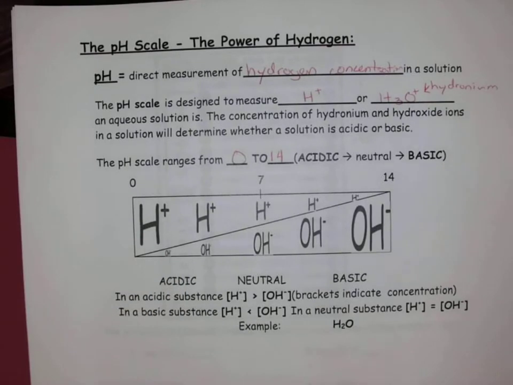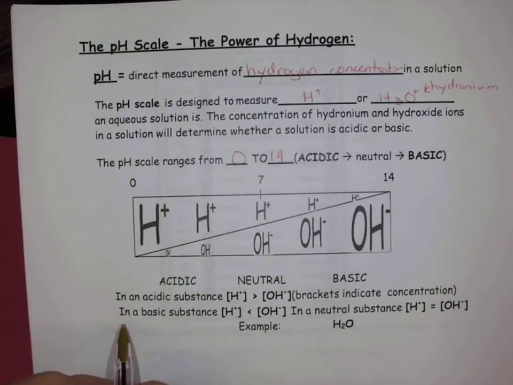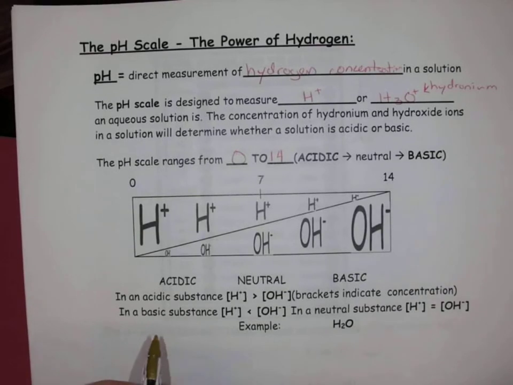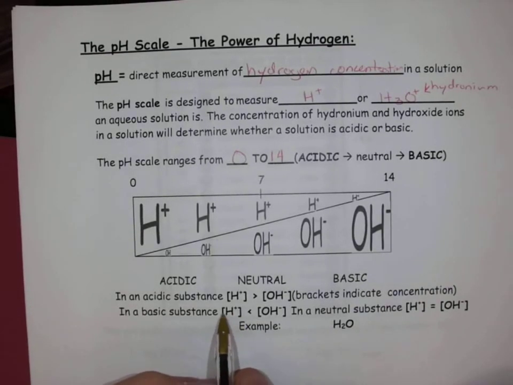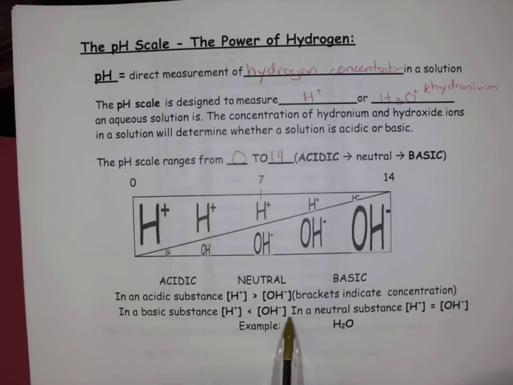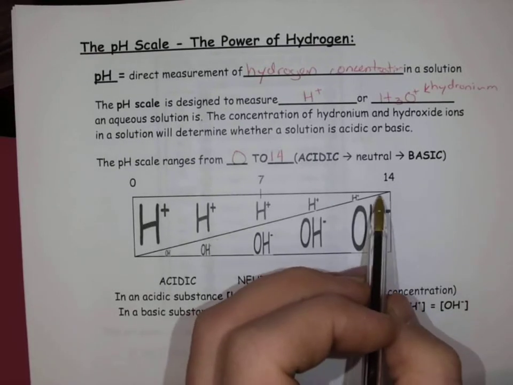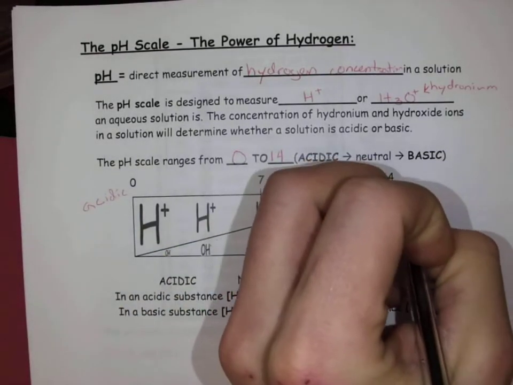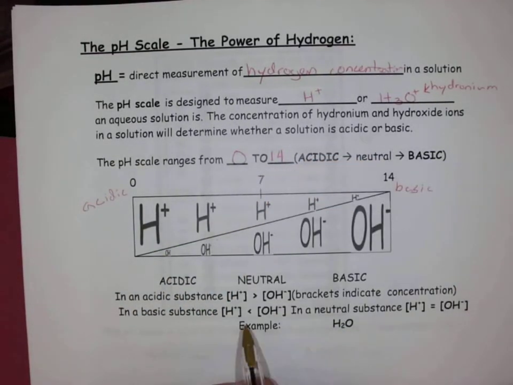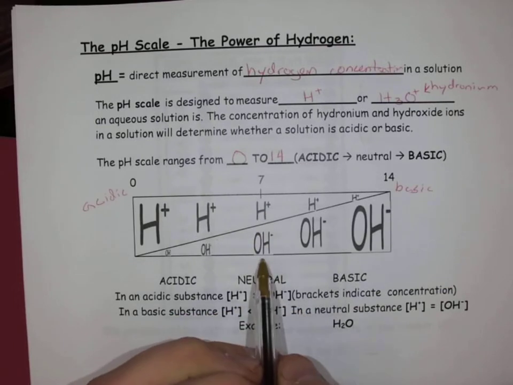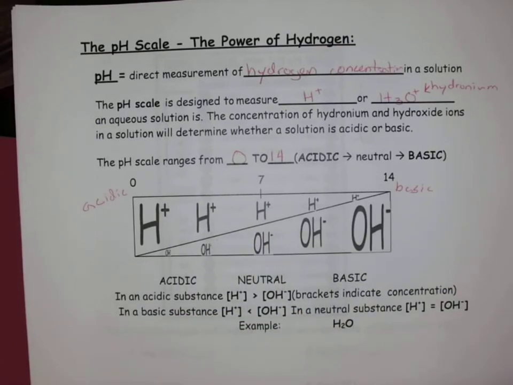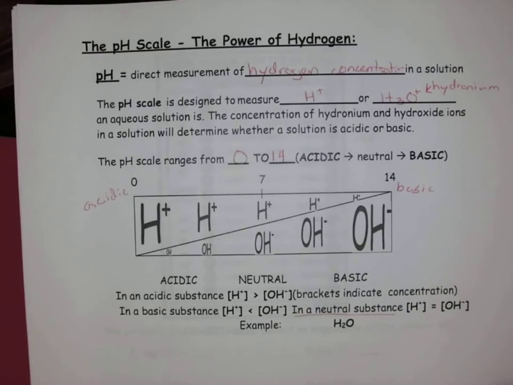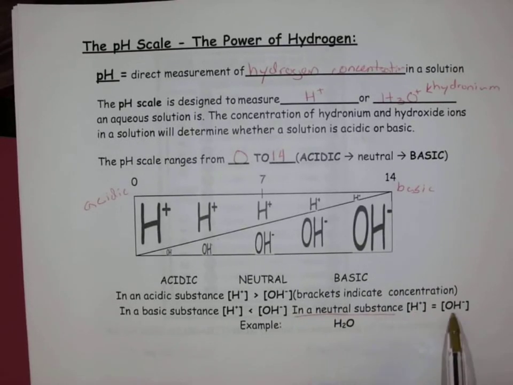In a basic solution, we have the opposite: our H+ concentration is much smaller than our OH- concentration. What if our H+ concentration is equal to our OH- concentration? That's when we are neutral.